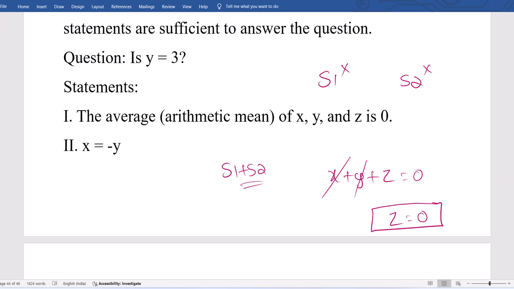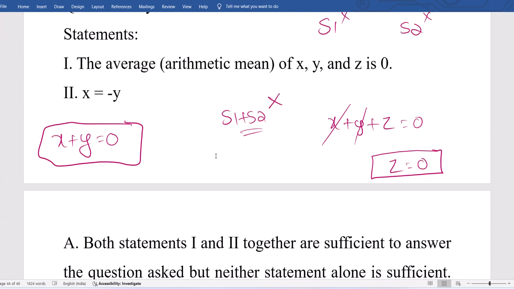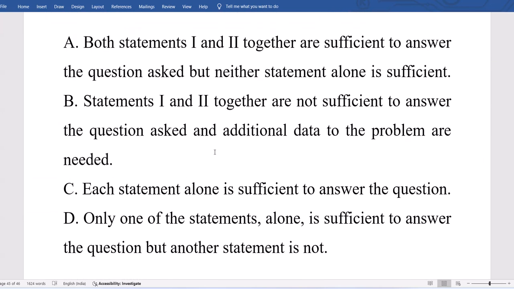Z is 0, but x plus y should be equal to 0. I can take y any other pairs as well. We cannot fix it. So, together also not sufficient. So, option additional data required. Additional data to the problem are needed to solve that.